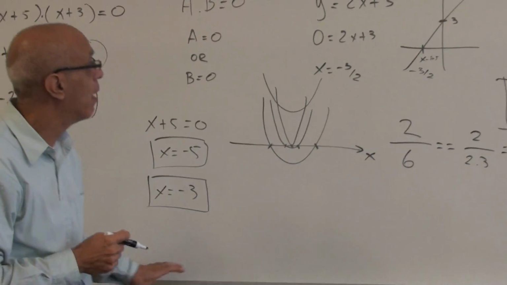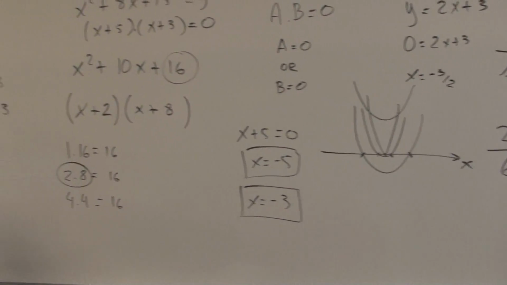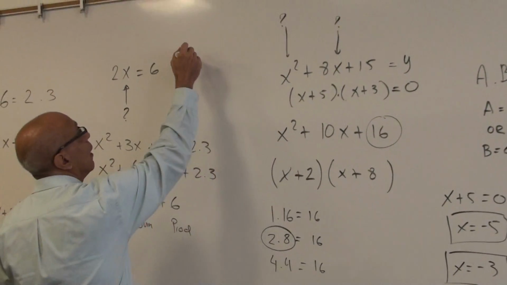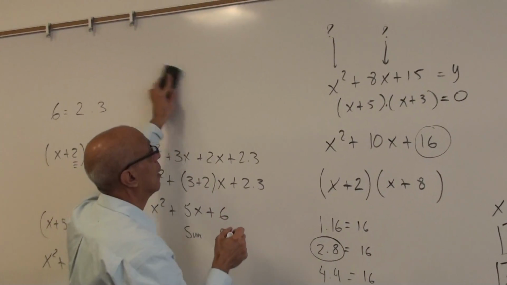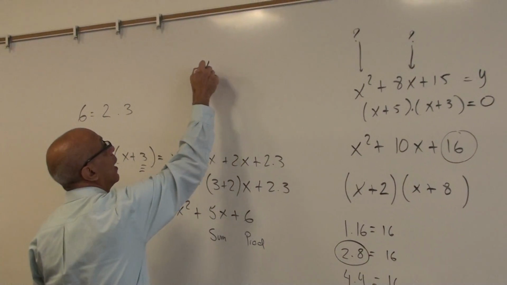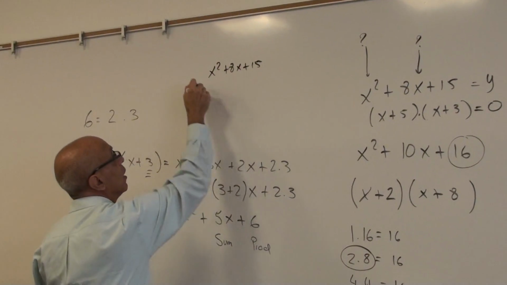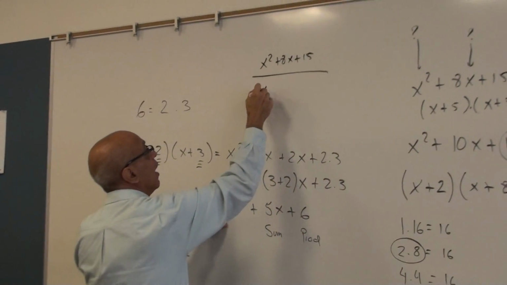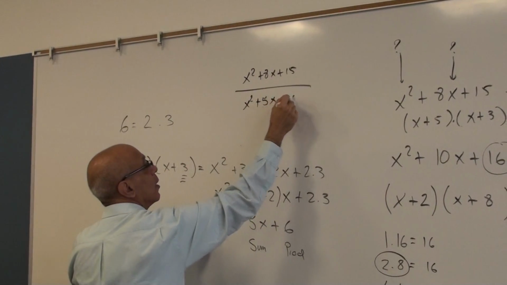But I could have an expression like this one here, okay? Let me erase this here, so I could have x squared plus 8x plus 15 divided by x squared plus 5x plus 6.